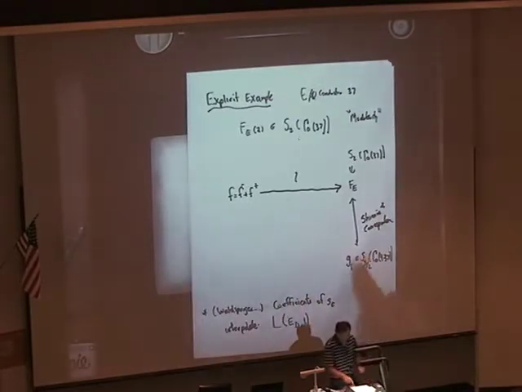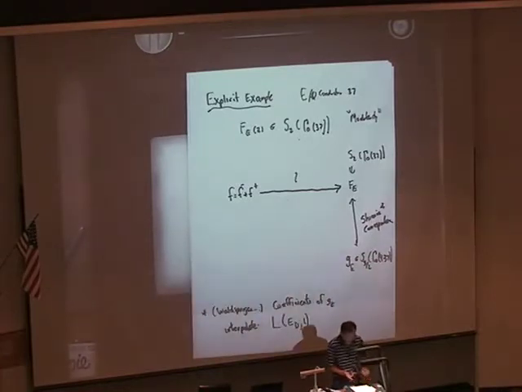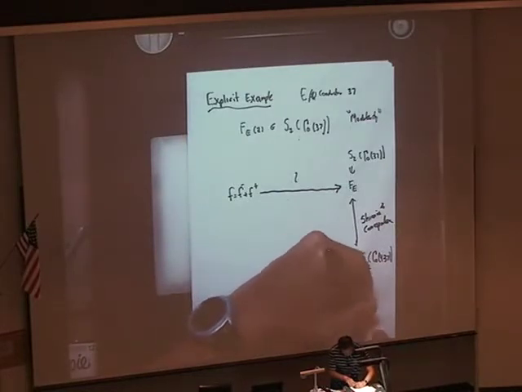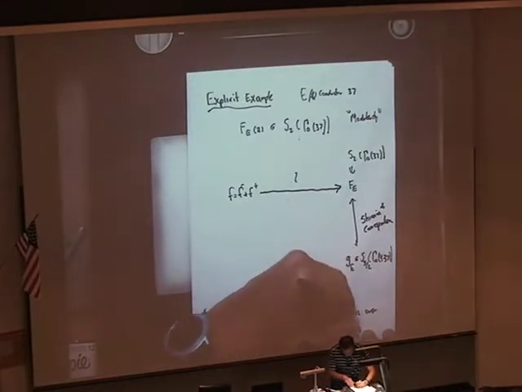The coefficients of this cusp form of weight 3 halves interpolate these numbers L(E_D, 1) as D varies over fundamental discriminants.